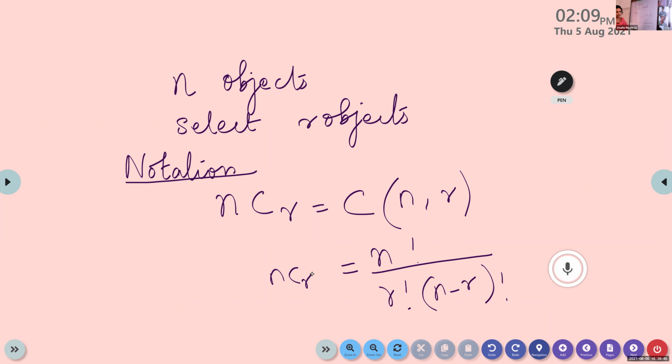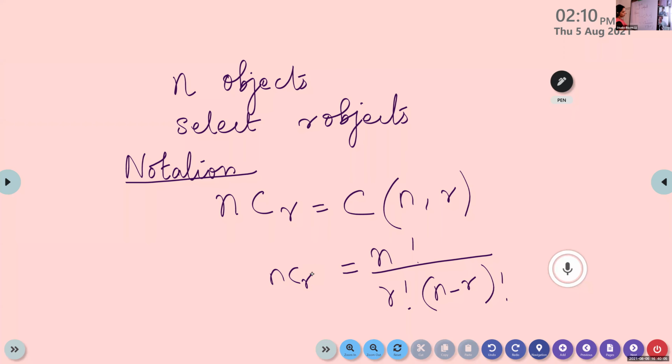NCR is defined like this: NCR is equal to n factorial by r factorial into n minus r factorial.